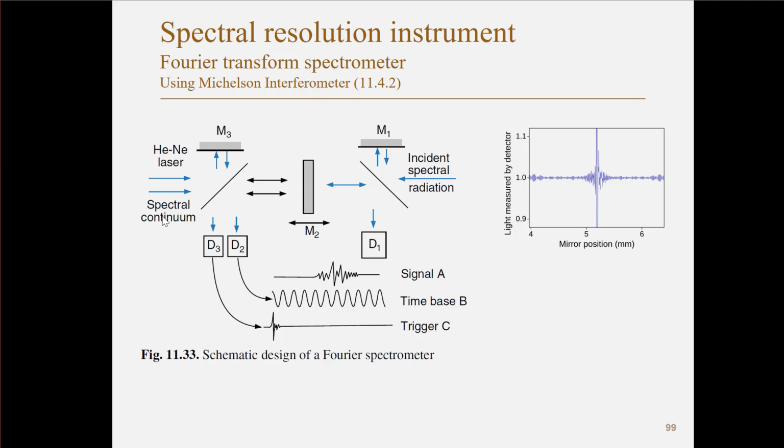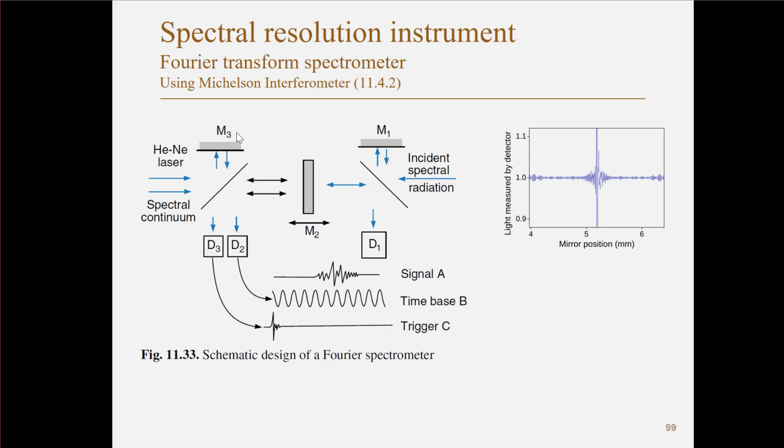Here's a beam splitter, here's one mirror, and here's the other mirror of this interferometer. On the other side, the radiation comes in from here. Here's the beam splitter, here's one mirror, and here is the other mirror. And the important thing is that this mirror is the same mirror for both interferometers.